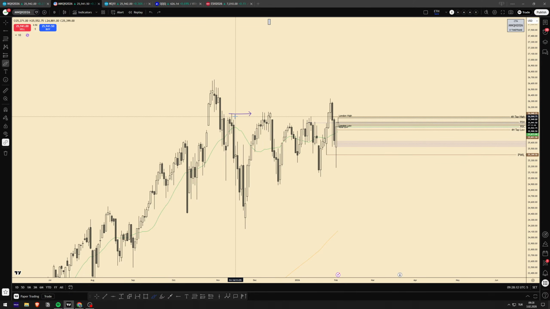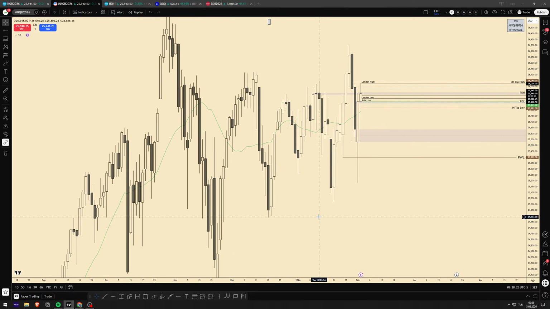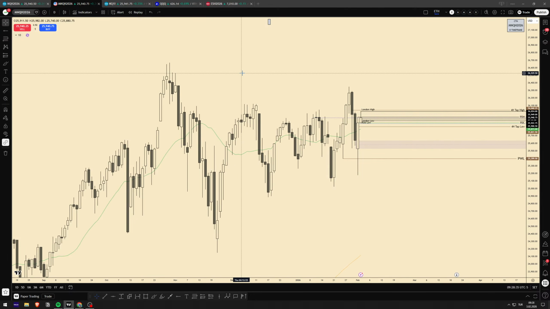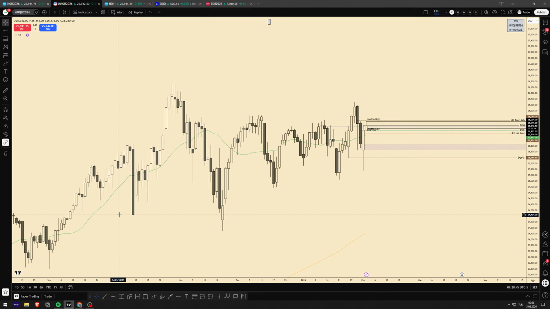Price takes it and gives a deep pullback, and then this becomes one of the important liquidity levels inside the range. Price takes it and reverses. These liquidity levels inside the range are important, and as you can see, price has a tendency to make reversals after taking out these liquidity levels.